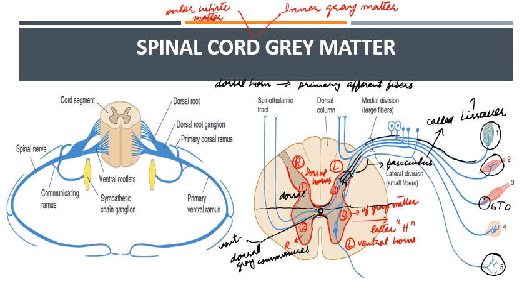In this tract, primary afferent fibers ascend and descend for a short distance before terminating in the subjacent gray matter.